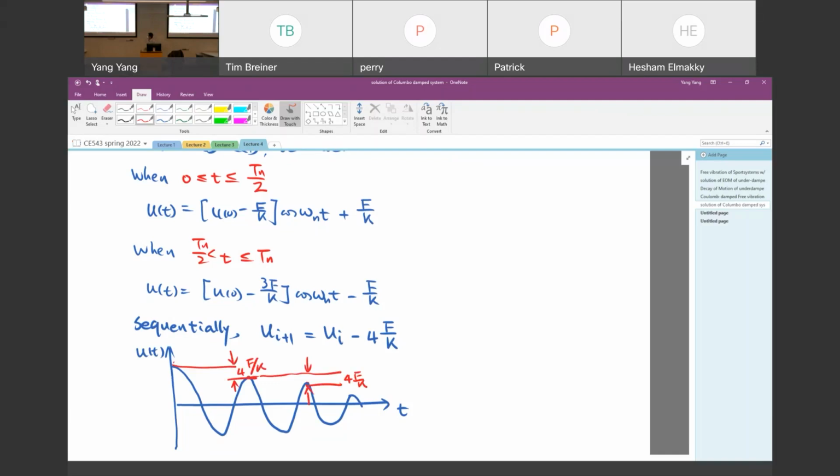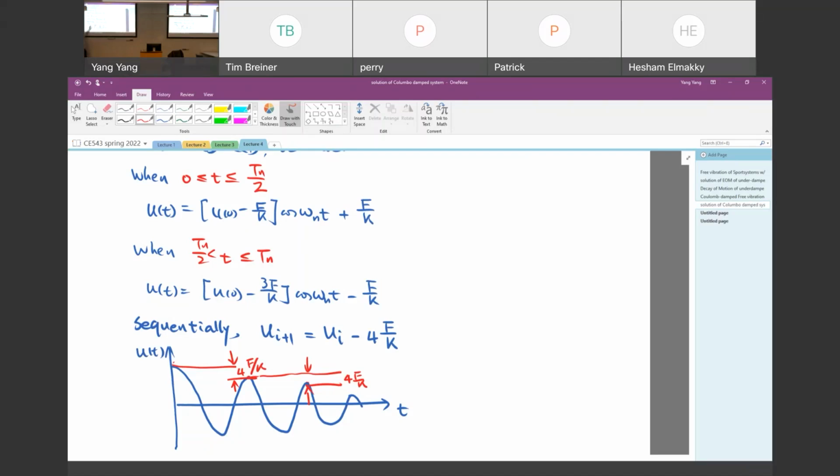Let's see the decay of the system here. As you can see here, this is the peak value of the first cycle, and this is the peak value for the sixth cycle.